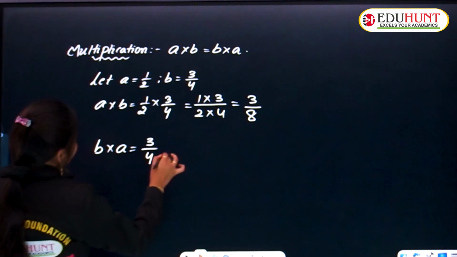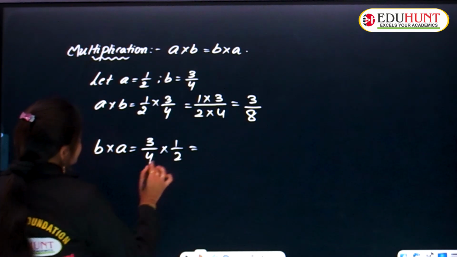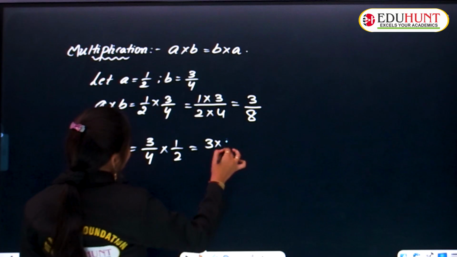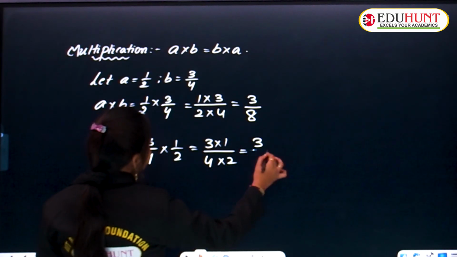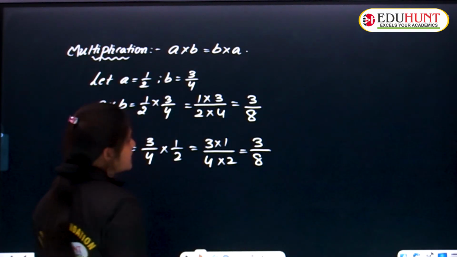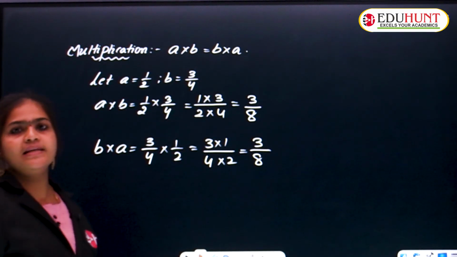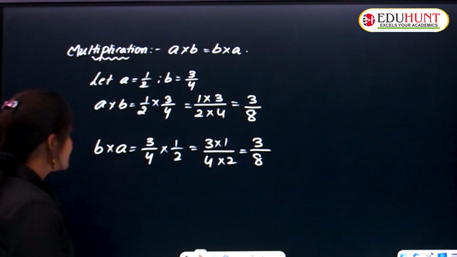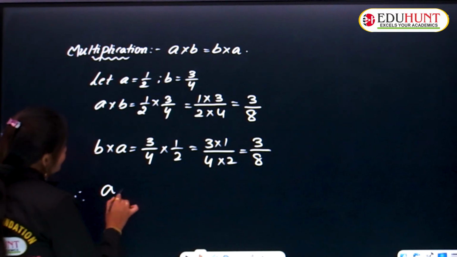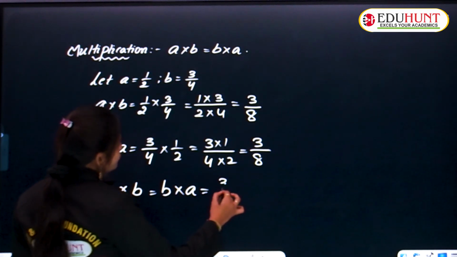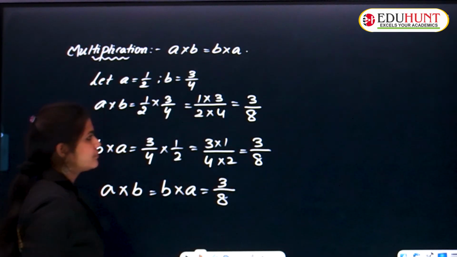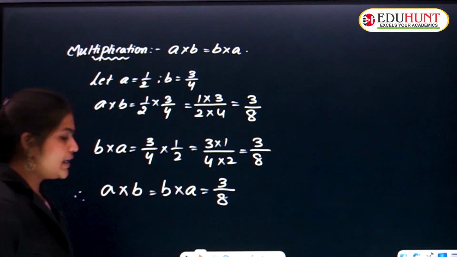Okay. Next, b into a is equal to 3 by 4 into 1 by 2, which is equal to 3 into 1 by 4 into 2, which is equal to 3 into 1 is 3, 4 into 2 is 8. Children, see, did we get the same answer or not? Yes. That's why a into b is equal to b into a is equal to 3 by 8. Understand, children? Finally, what statement can we say here?